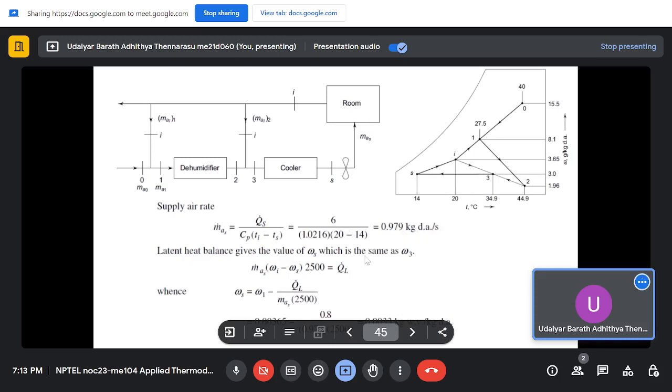Now the latent heat balance, using latent heat balance we can find out specific humidity of air. So m dot A into omega I minus omega S into 2500 is the latent heat, equals latent heat load, which is 0.8 kilowatt.